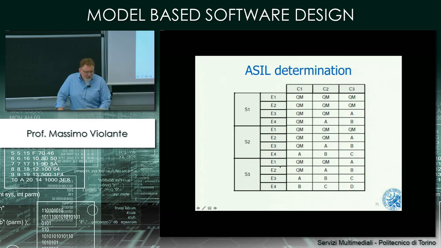Up to the point that even if the hazard can be very severe, because we have S3, but it is very unlikely, and it is very well controllable, then it is QM. Okay? So it is not so straightforward to derive the ASIL. This is something where you have to spend a good deal of time.